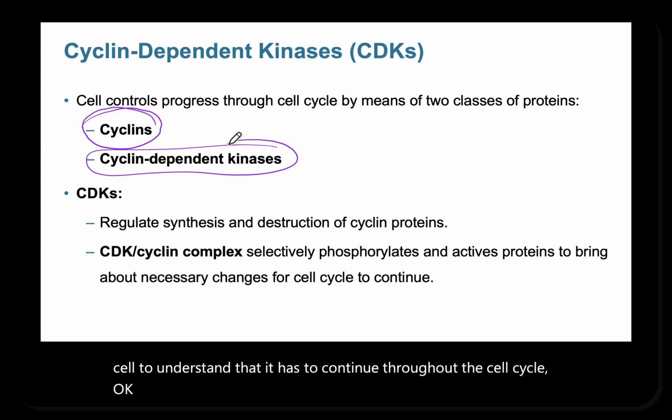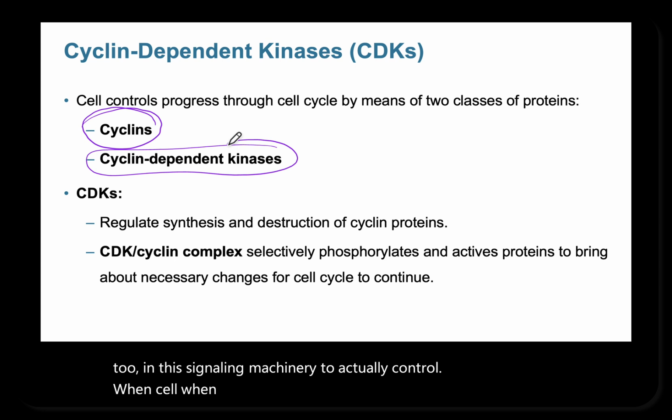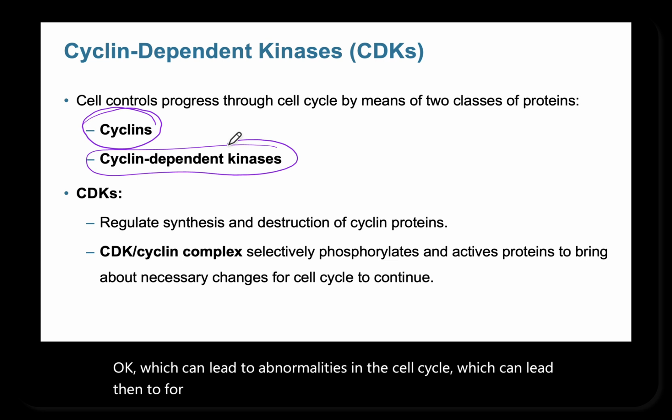However, sometimes cancer cells will also have issues in this signaling machinery that controls when the cell has to move from one phase to the other, okay? Which can lead to abnormalities in the cell cycle, which can lead then to, for instance, abnormal proliferation of those cells, okay?